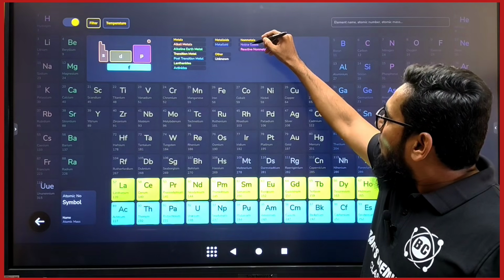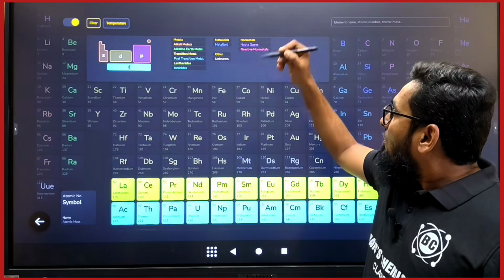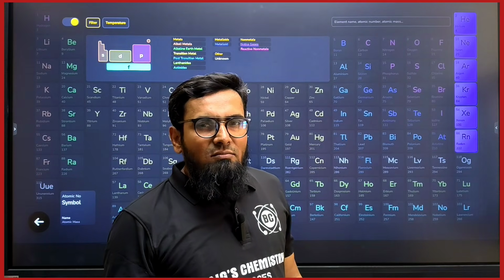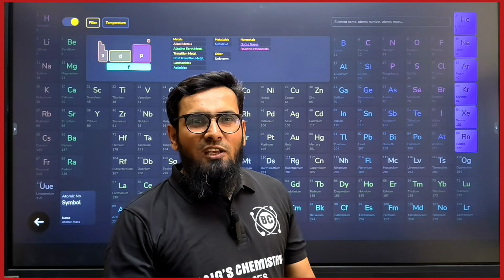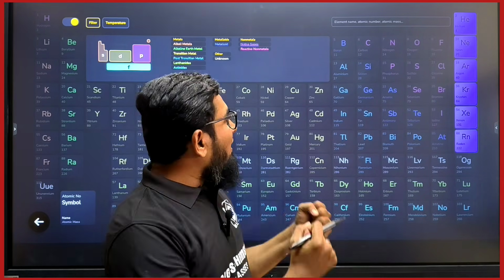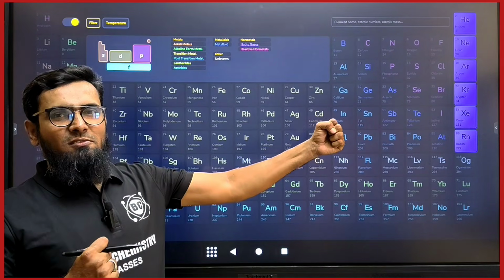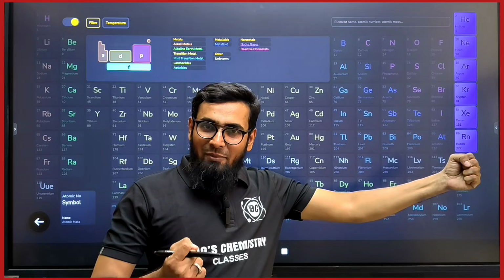Then, what is situated at the right-hand side of the periodic table? Noble gases, students. Noble gases are like ideal elements, meaning those elements which the other elements see and want to become like. Noble gases are stable elements, yes or no?